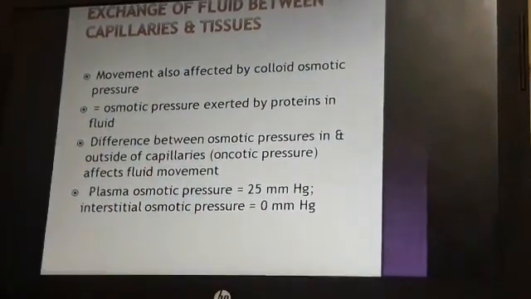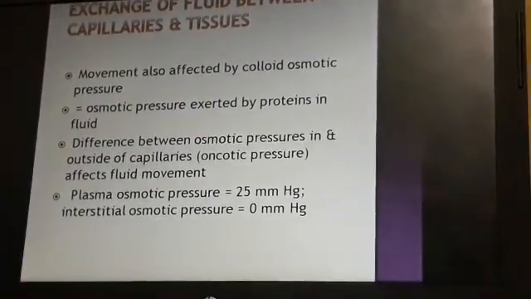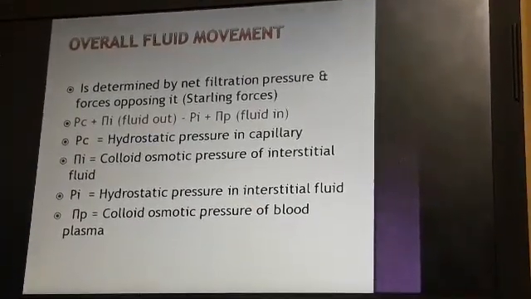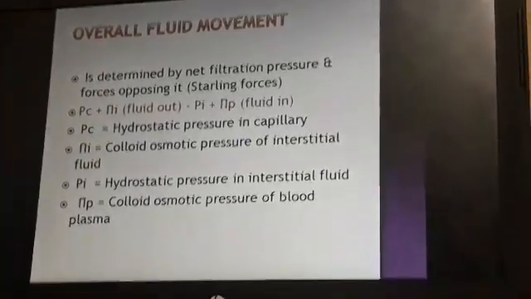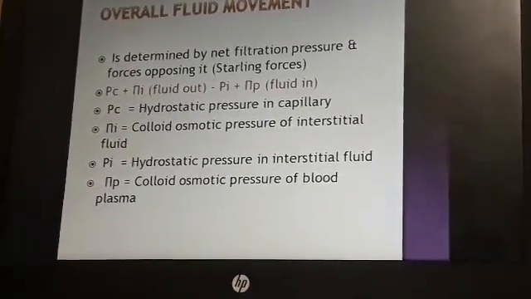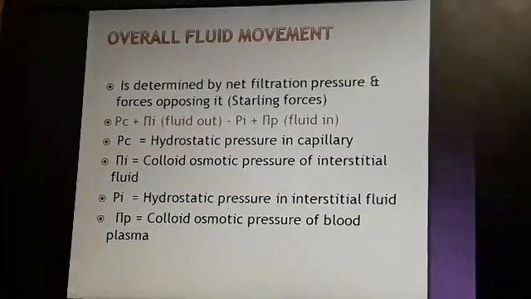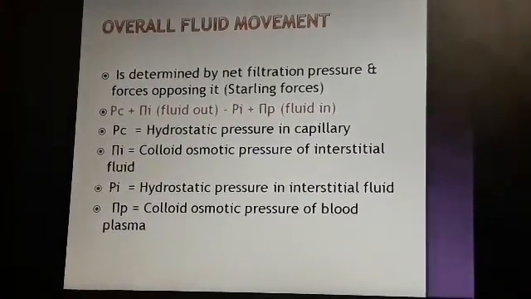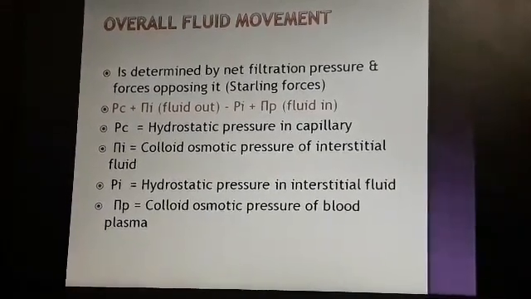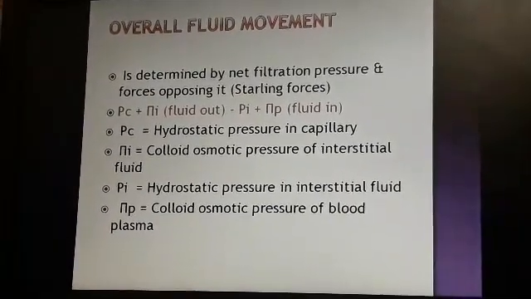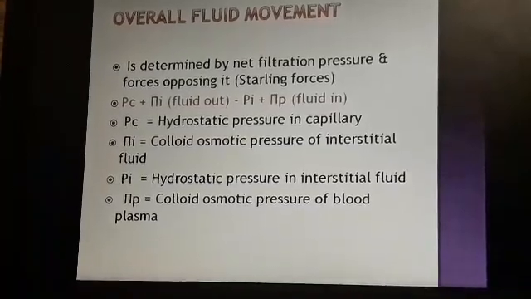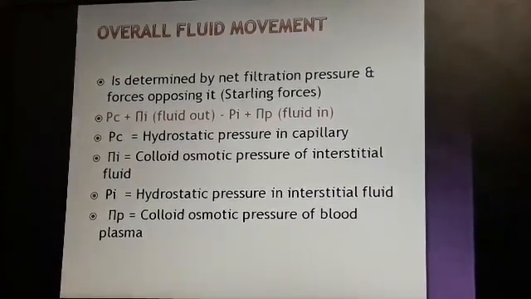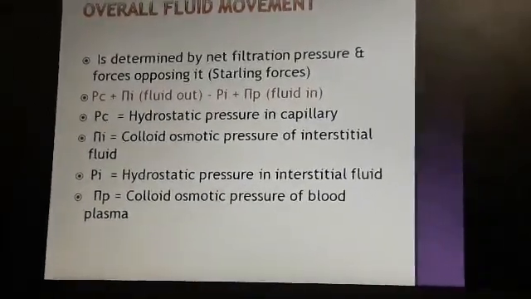Now on combining all the four types of Starling forces or pressures, we can calculate the net filtration pressure. So we have four types of Starling forces: hydrostatic pressure of the fluid in the capillary and in the interstitium, and colloid oncotic pressure of the fluid in the interstitium and in the capillaries.